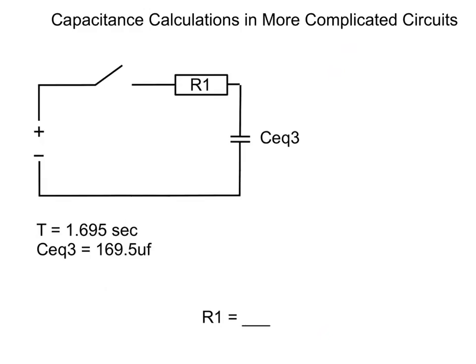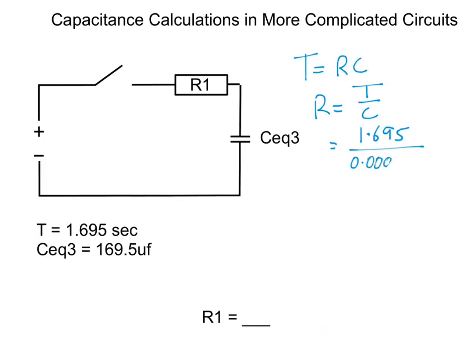We can use our formula T equals R times C. If we transpose that equation, we will end up with R equals T divided by C. And if we substitute in our values, we will end up with 1.695 divided by 0.000165, because remembering we're dealing with microfarads, so we have to change them so that we have compatible numbers.